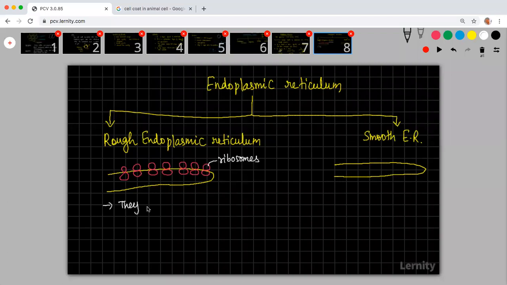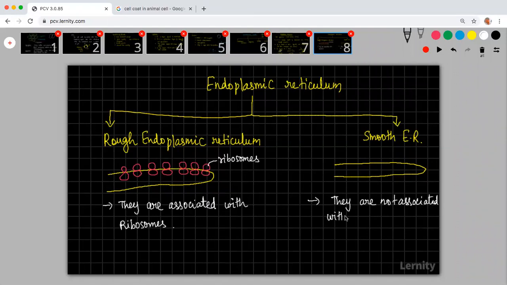Rough ER is associated with ribosomes. Smooth ER is not associated with ribosomes. Since rough ER is associated with ribosomes, it is responsible for protein synthesis.